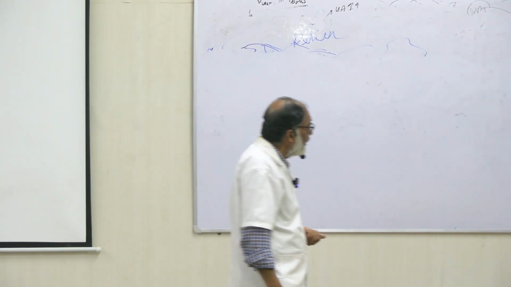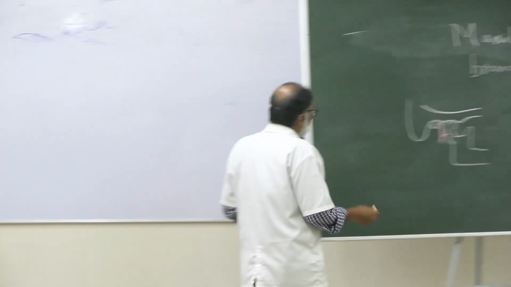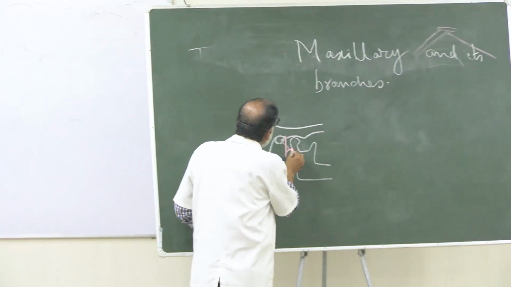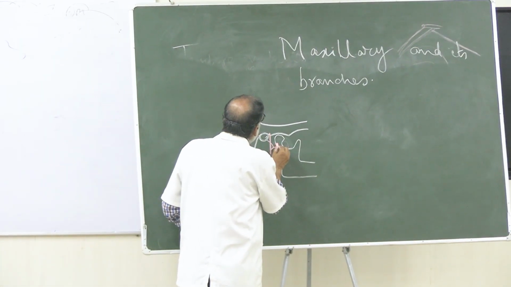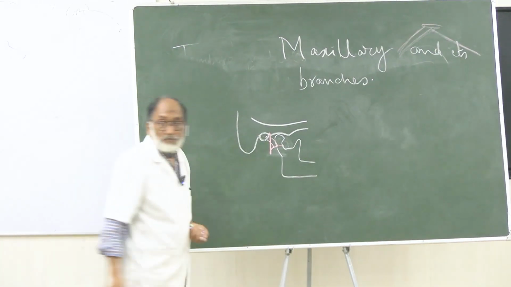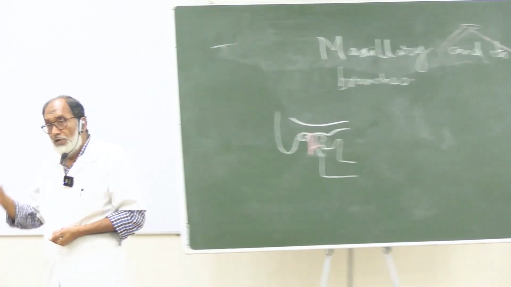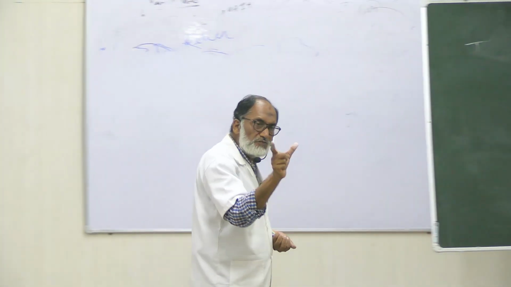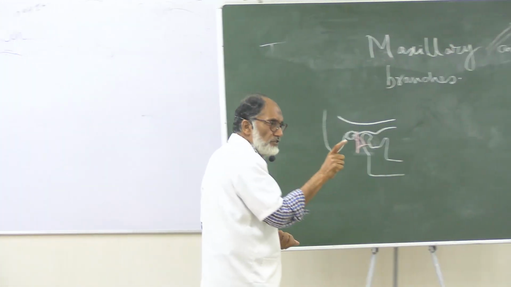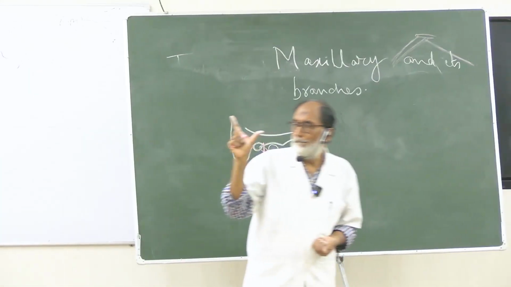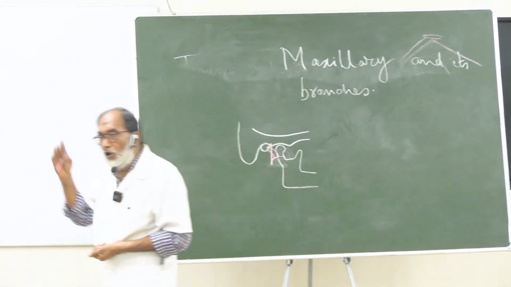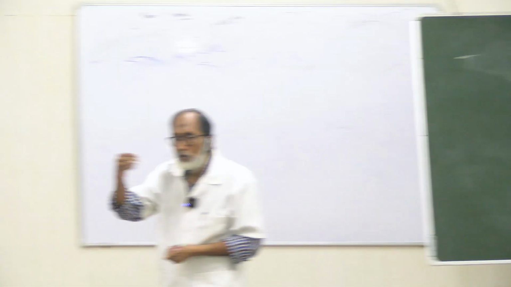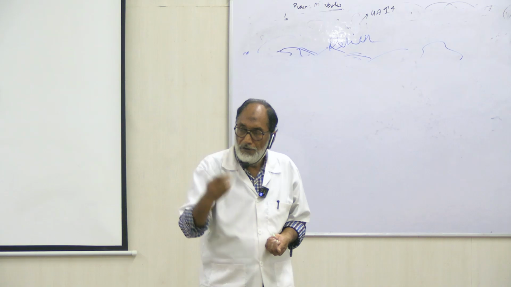Another one will go to the middle ear. I have already told you the branches from the first part of the maxillary artery, all branches will pass through foramina.